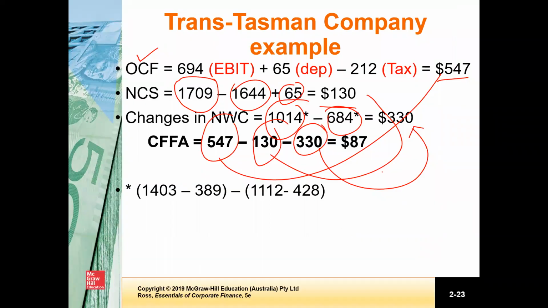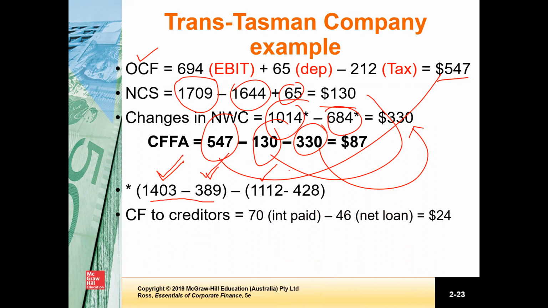Just some additional calculation. You can see this is the ending net working capital, current asset minus current liabilities, and beginning net working capital, which is the beginning current asset minus current liabilities.